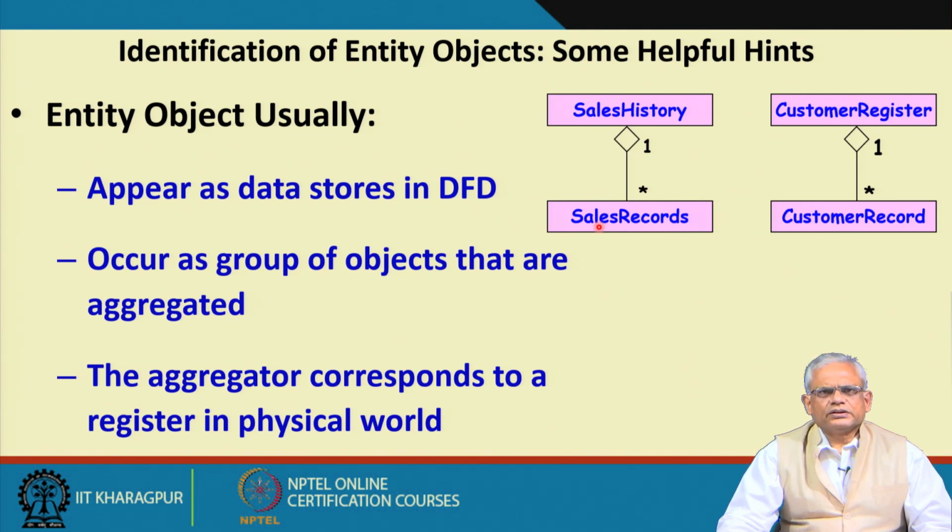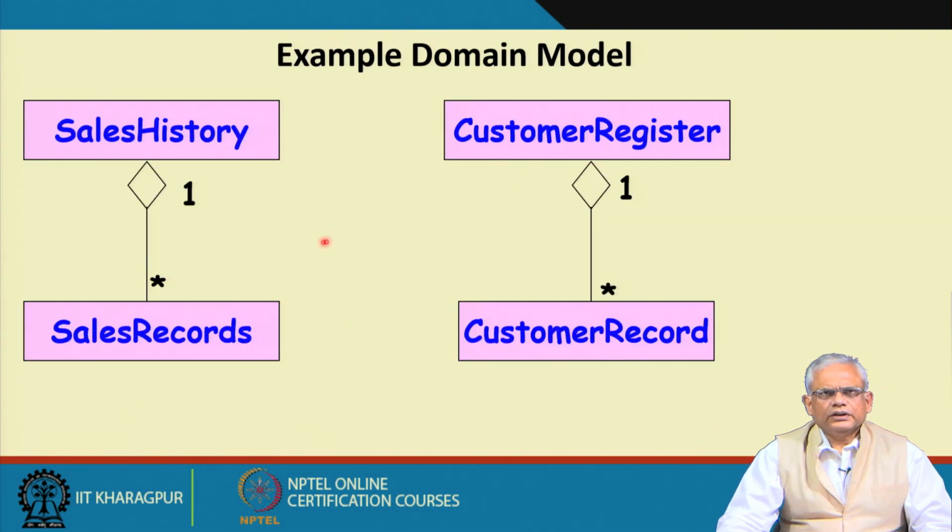It calls the new method on the sales record to create objects, and stores their references. The entity objects typically appear in this form. Each of them stores a little bit of data, but together they store a huge amount of data.